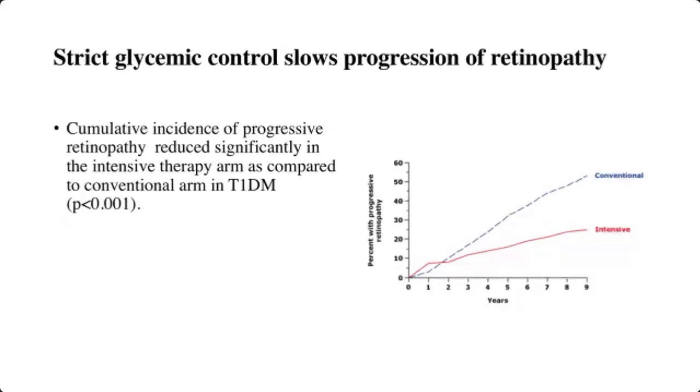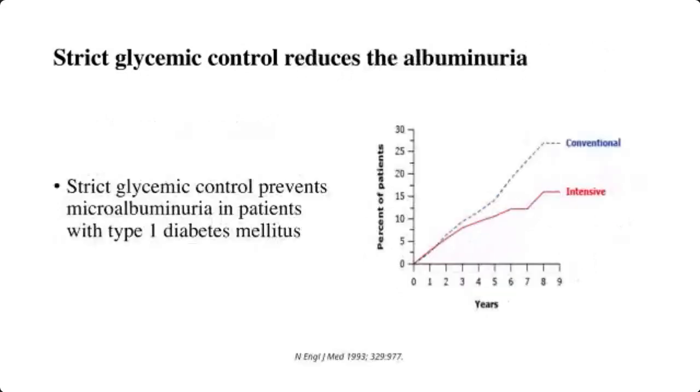The main result of DCCT showed those with tight glycemic control in the intensive therapy arm get significantly lower retinopathy, and they also had reduced albuminuria, with a statistically significant p-value.